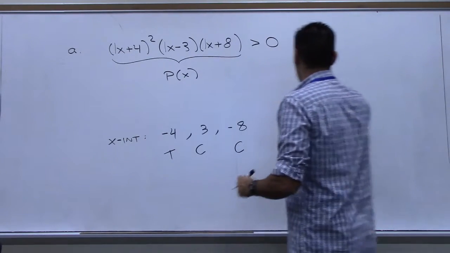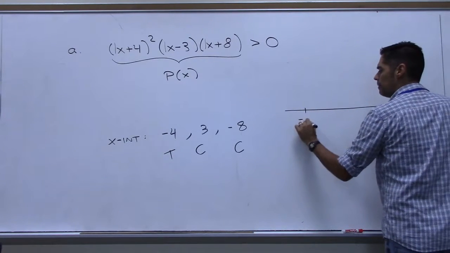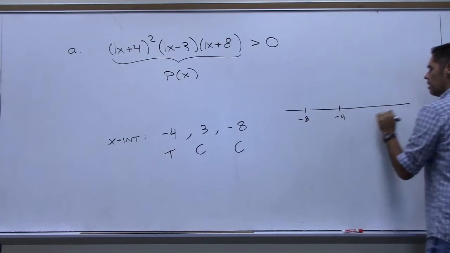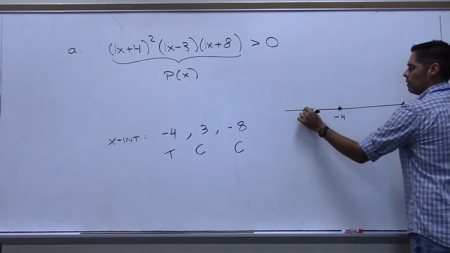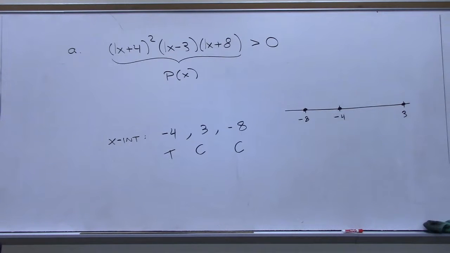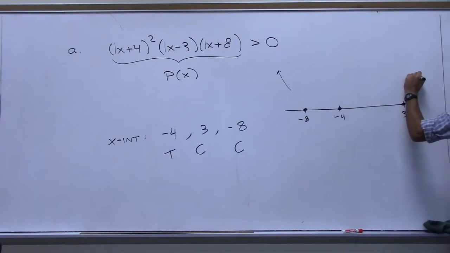So here's my quick sketch. Here's negative 8. Here's negative 4. And here's positive 3 way over here. Those are my x-intercepts. I'm supposed to go up on the left and up on the right.